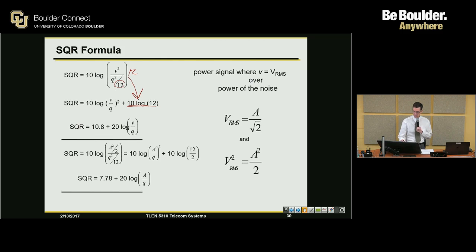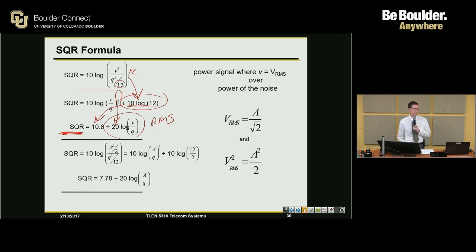I can take the square to the outside and then put it out front and have 20 log of V over Q. This number here, 10 log of 12, becomes a constant, which is this 10.8. So this is my equation for SQR, and that happens to be if my voltage is in RMS volts.